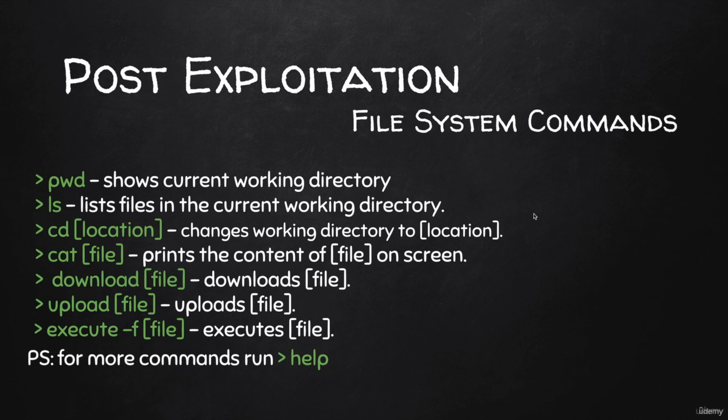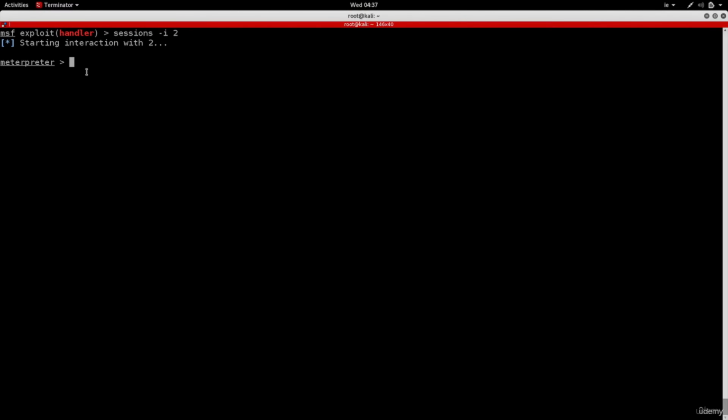Now we're going to learn more commands that will allow us to navigate, list, read, download, upload, and even execute files on the target computer. So I have my interpreter session right here. And the first thing that I'm going to do is get my current working directory using the pwd command.